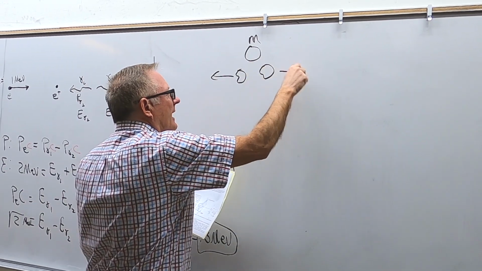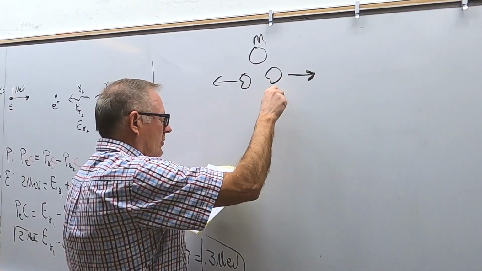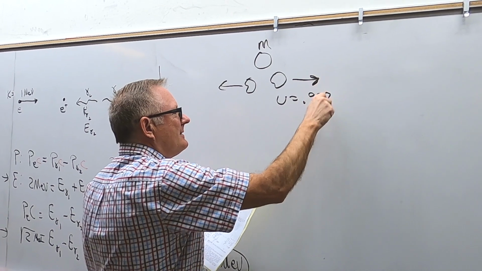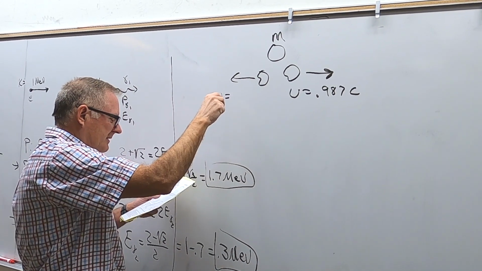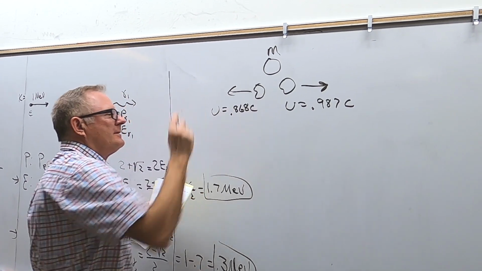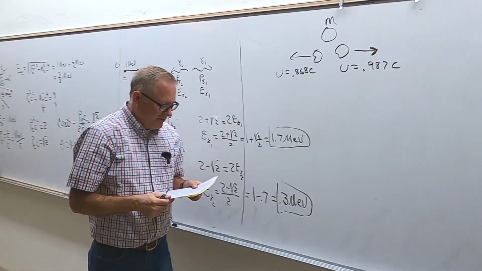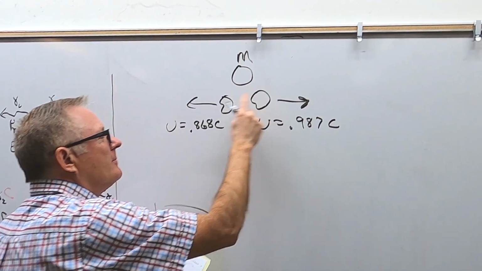They have to be back to back to conserve momentum. One of them is going to take off at u equals 0.987c. That's the speed of that one. And the speed of this one is, say, 0.868c. And they just want to find what is the mass of these two fragments.